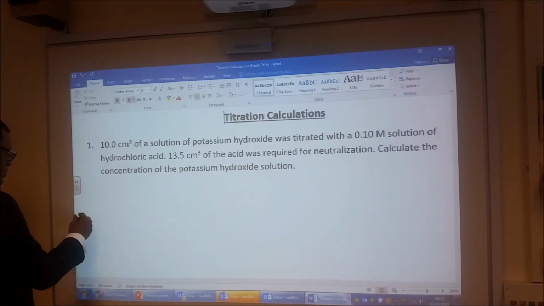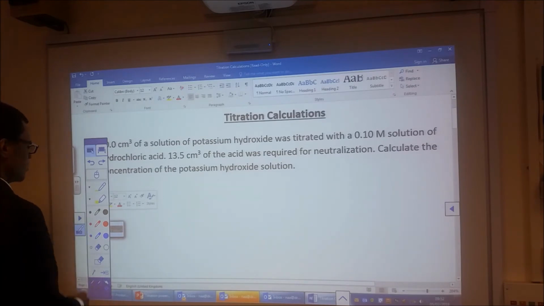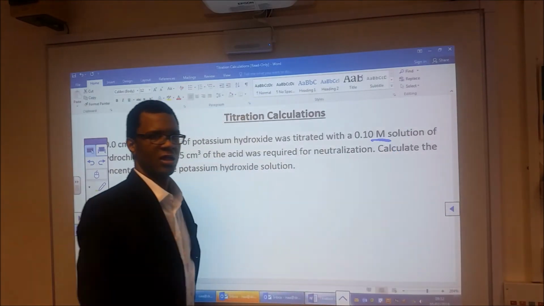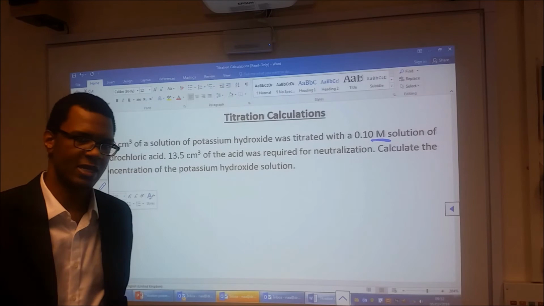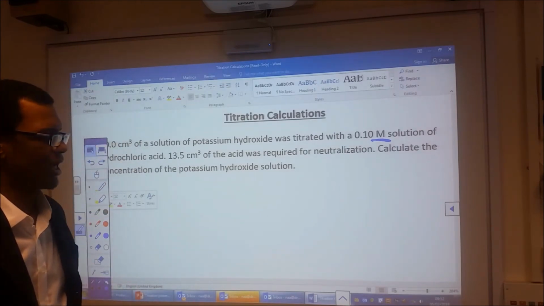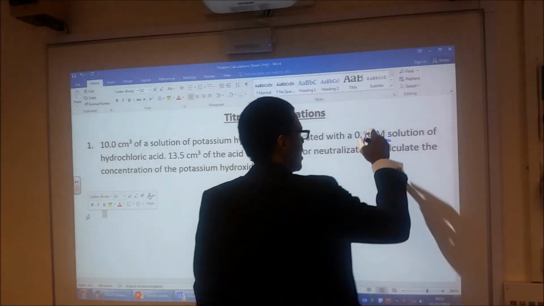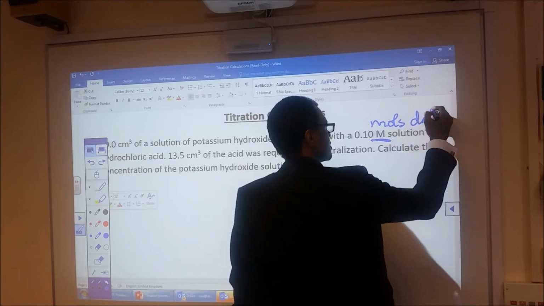Okay, so the first thing you need to understand is whenever you see this, that means molar. It's a capital M. Don't get it confused with units of moles. It's not the same. In fact, it's the old way of saying moles per decimeters cubed.